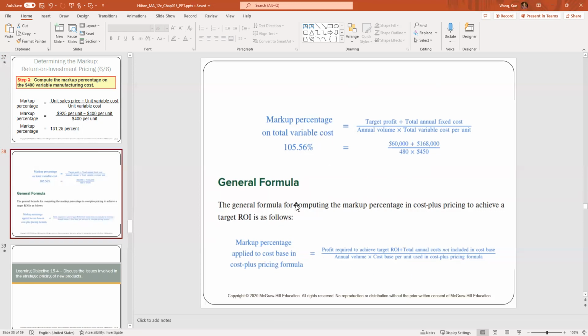They have a generalized formula, not in the original slide, but in the book. So that's the idea: the fewer cost items you include, the higher the markup rate you will require.